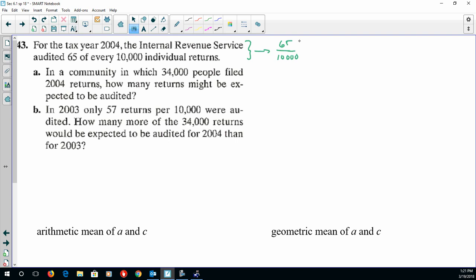Okay. Part A, a community has 34,000 people that filed returns. How many were expected to be audited? If this ratio works everywhere, then the overall ratio, 65 out of 10,000. Oops, getting ahead of myself here. Let's identify this.